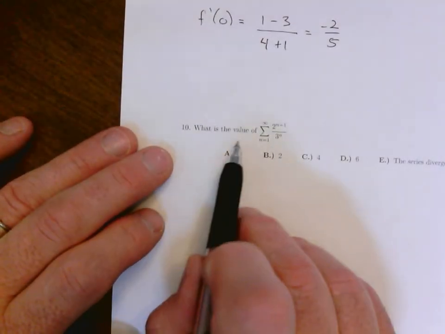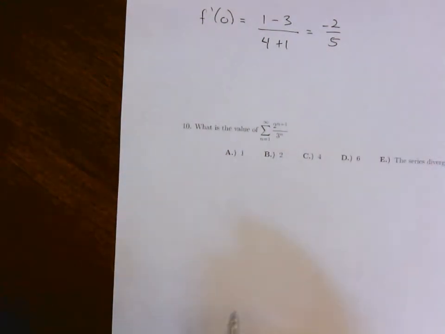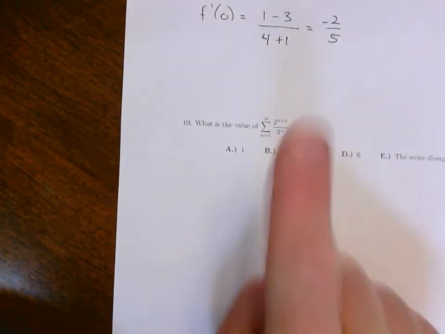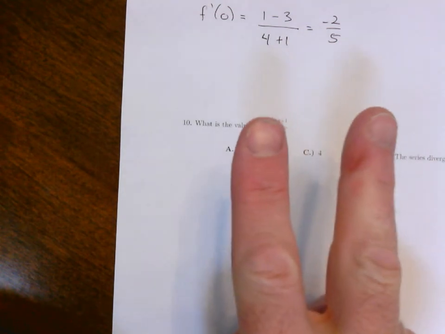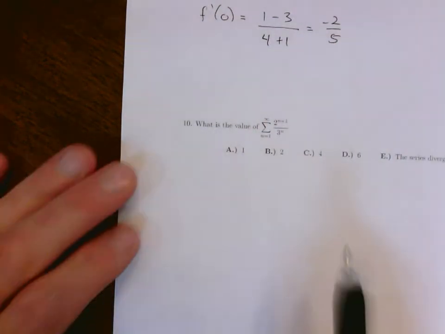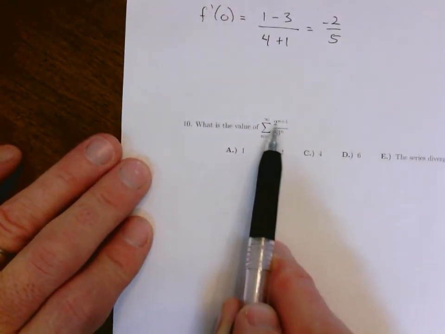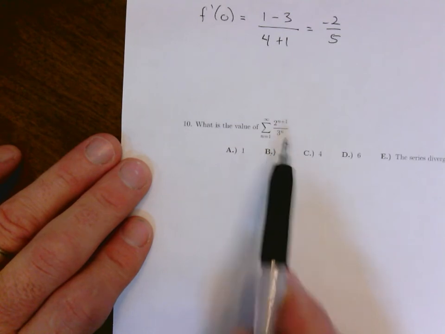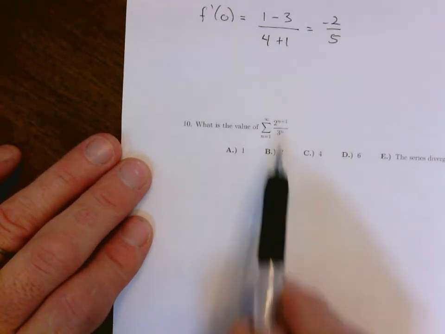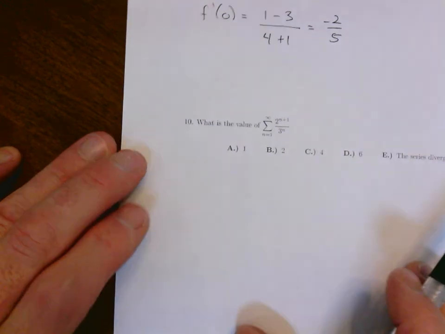Okay, and then the last one for the set. What is the value? Right away, you know that we only know two ways to do this: geometric, and the second way is telescoping. When you look at this, you have 2 over 3, both raised to an n power, so you know it should be geometric. We just have to manipulate this to get it into that form.